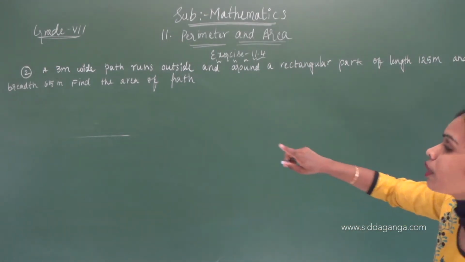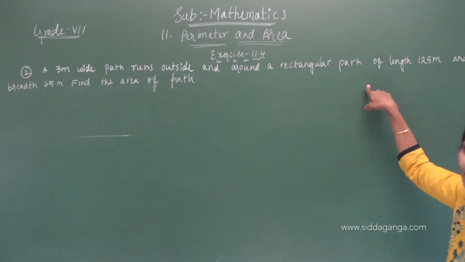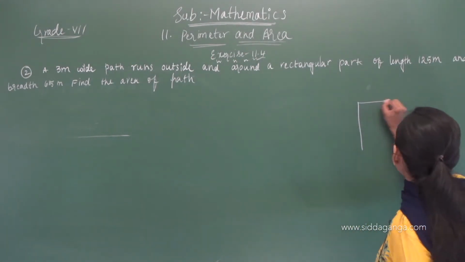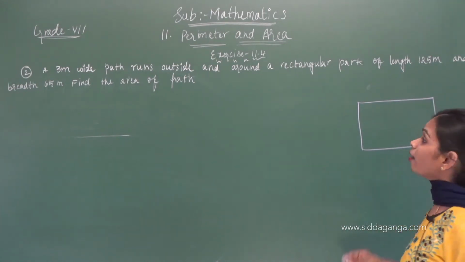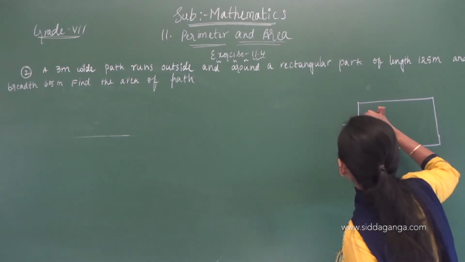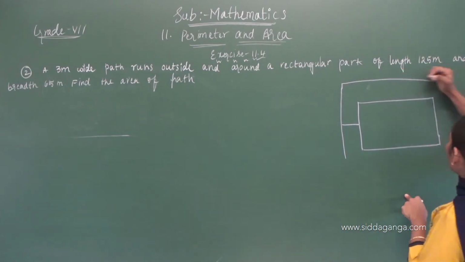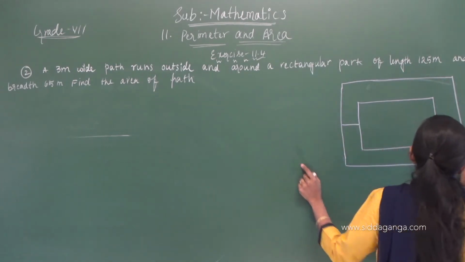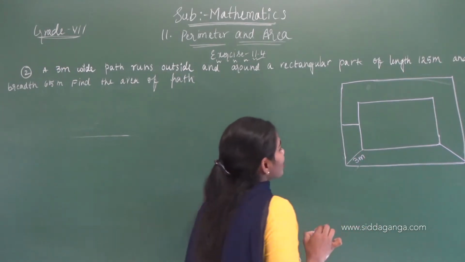Okay, a 3 meters wide path runs outside and around a rectangular park. What are they telling? One rectangular park is there, and for that park a 3 meters wide path they are constructing.